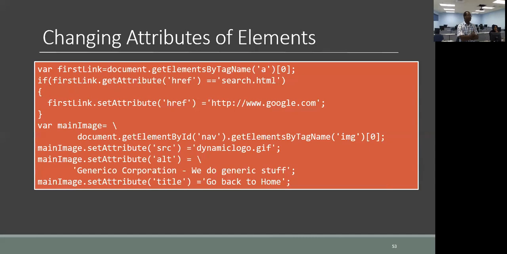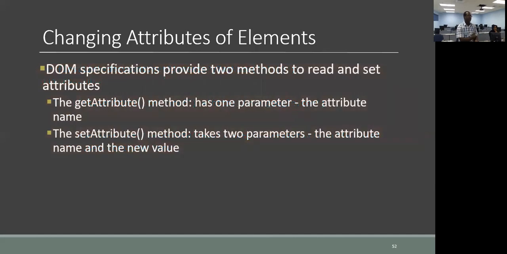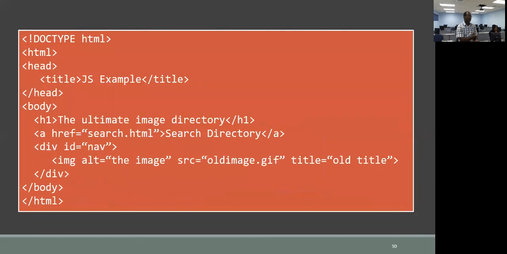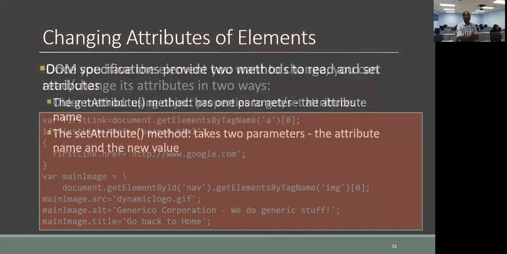This is an attribute that's part of the anchor tag. As you can see here, the anchor tag has an attribute called href. So when we did getElementsByTagName A, you see we have an href, and you see we have the attribute. That's what we're doing here.